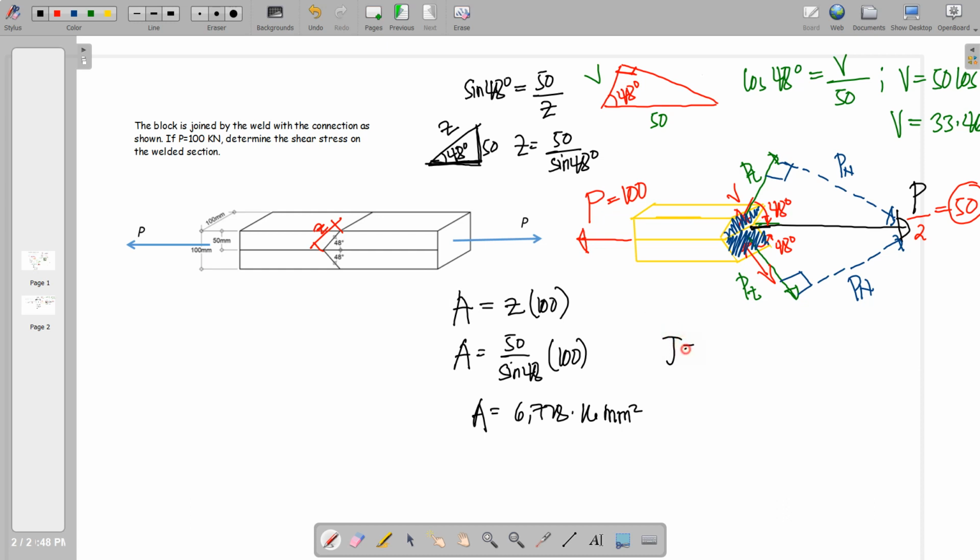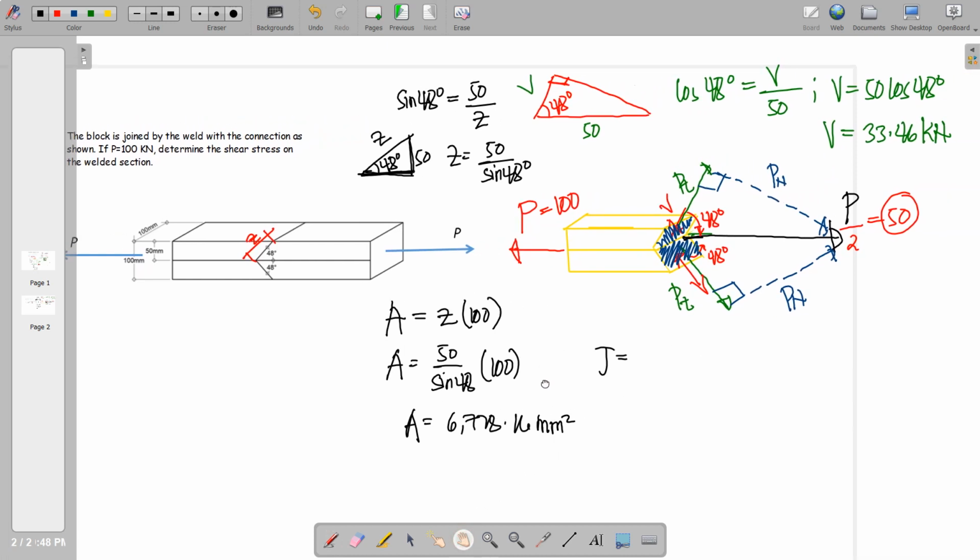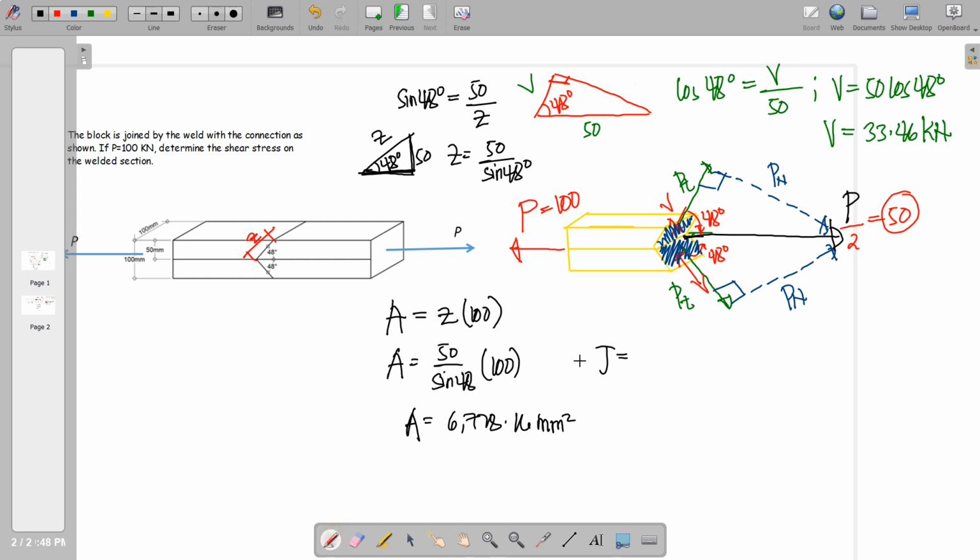So by this, we can now finally determine the shear stress on the welded section. This is V all over A. So we have 33.46. This is in kilonewton, so we multiply that by 1000 divided by the shear area.